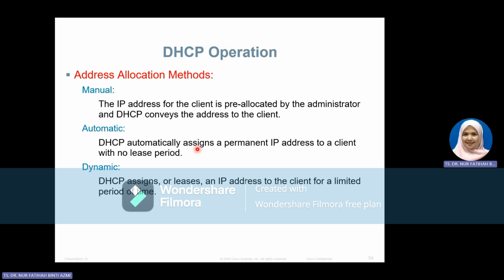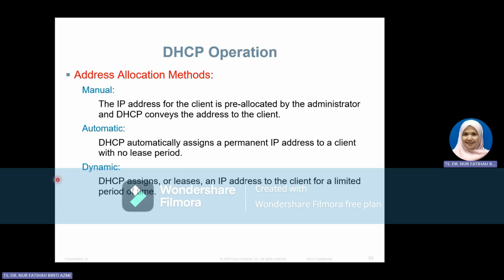Then we have automatic allocation, where DHCP permanently gives a device the first free IP address that it asks for, so it will get the same address every time.